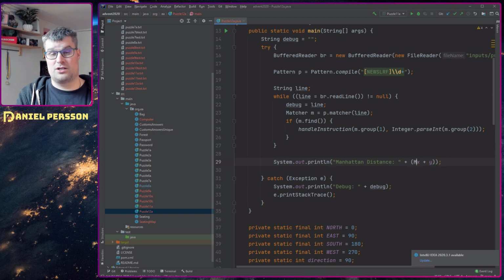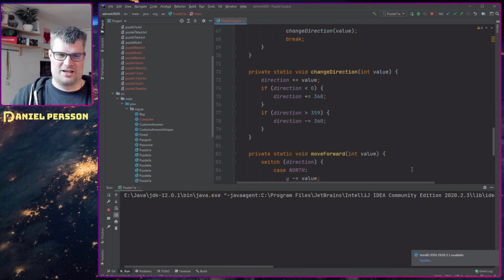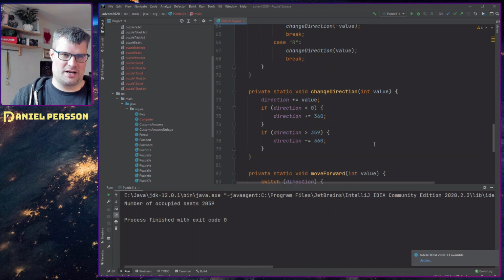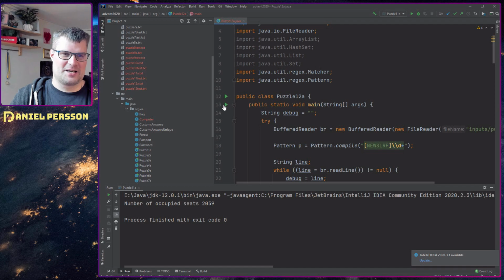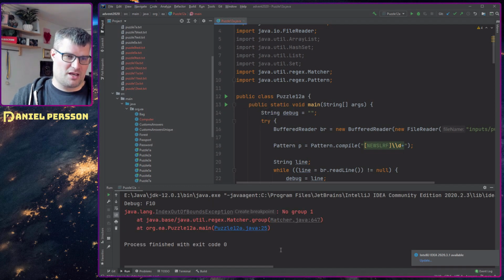And here we need to do Math.abs as well, because the minus values are still distances from the center. So that could result in something good. I'm just writing a bunch of code here and just running it. Could be good, could be bad.